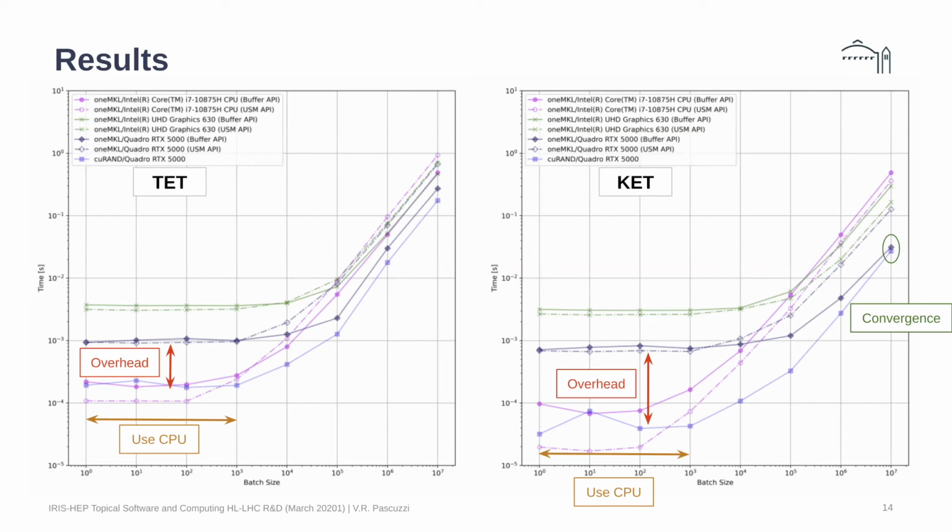Because this little overhead that pertains to the context switching and so forth is really negligible once you're really using the full power or near full power of your GPU. So that was very nice.